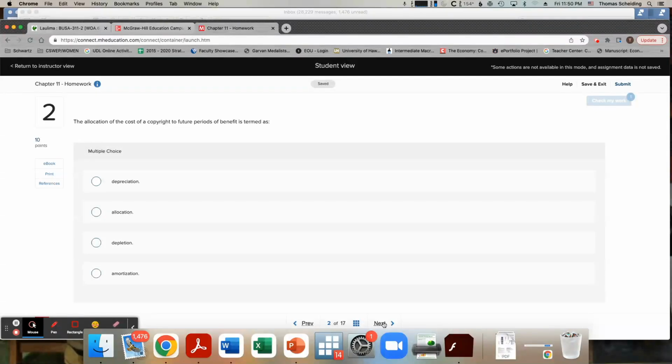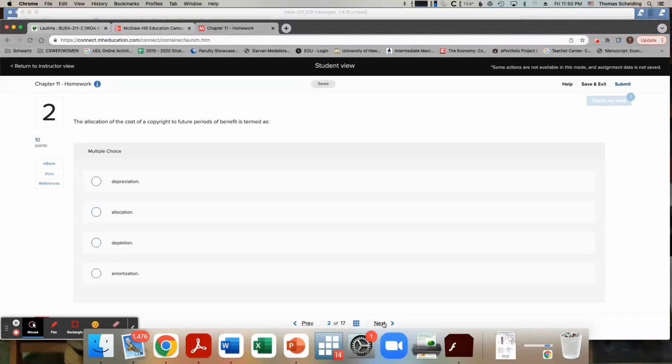Depreciation, that by definition would be the reduction in the value of the capital by virtue of the fact that it's wearing out. So it's not depreciation, right? Remember here, for cost of a copyright, the copyright gives you a certain period of time of exclusive use. But to obtain that copyright, you have to spend a significant sum of money to get that protection for the future time period. And so that, by definition, has nothing to do with depreciation.